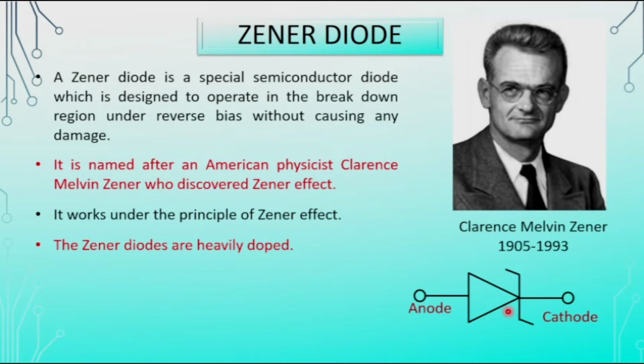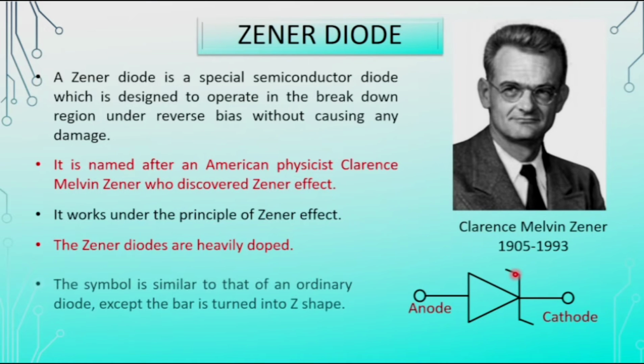Just to differentiate between the semiconductor PN junction diode and the Zener diode, only here we put these lines. If these lines are there, then it is a Zener diode. If not, then it is our simple semiconductor PN junction diode. So the symbol is similar to that of an ordinary diode, except the bar is turned into a Z shape, and this represents that this is a Zener diode.